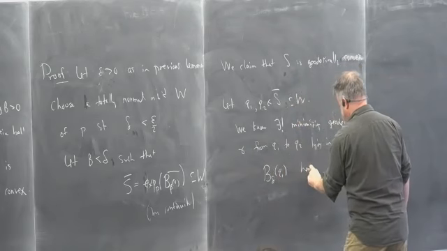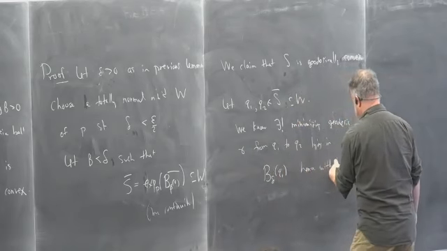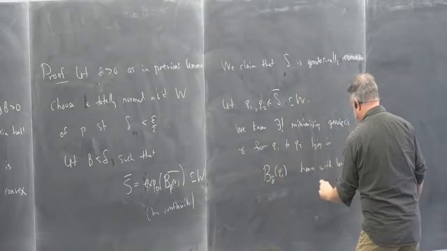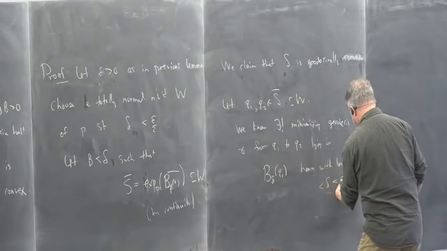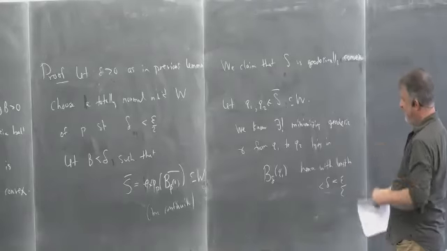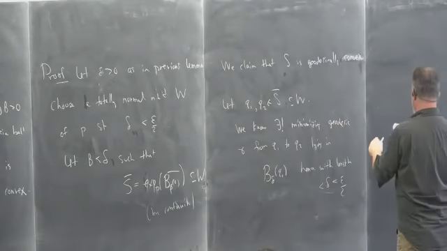Okay, so hence with length less than delta, which is less than epsilon over 2. Okay, this is because W is a totally normal neighborhood.